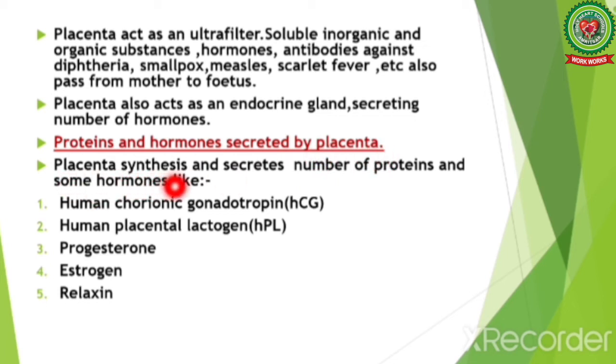Placenta synthesizes and secretes a number of proteins and some hormones like human chorionic gonadotropin, HCG, human placental lactogen, HPL, progesterone, estrogen and relaxin.